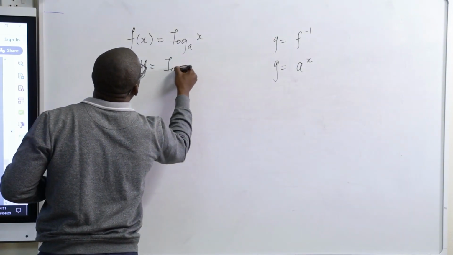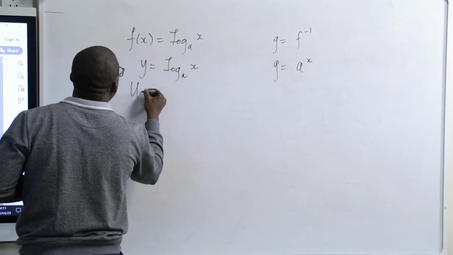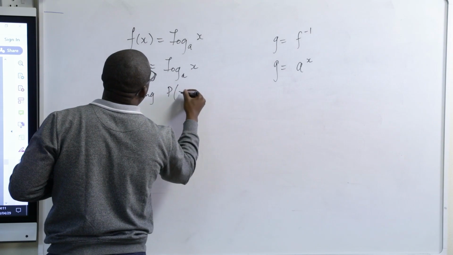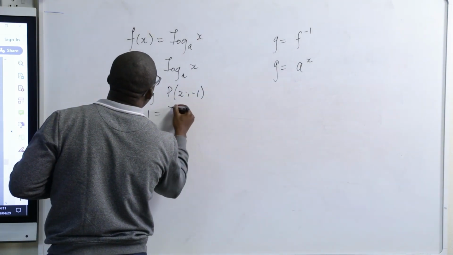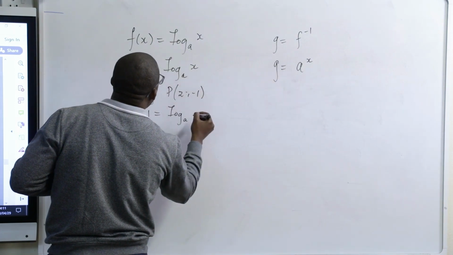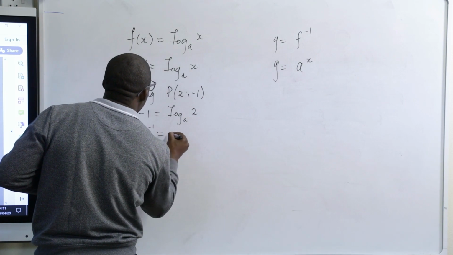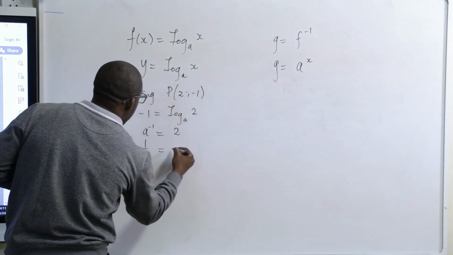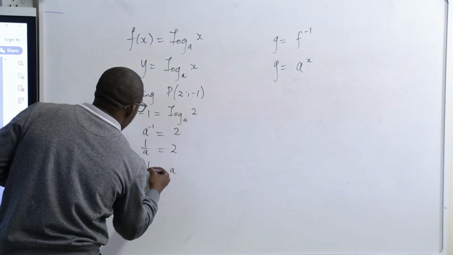y is equal to log to the base a of x. Using P, which is (2, minus 1), means minus 1 is equal to log to base a of 2. a to the minus 1 is equal to 2. That means 1 over a is equal to 2. a is equal to half.